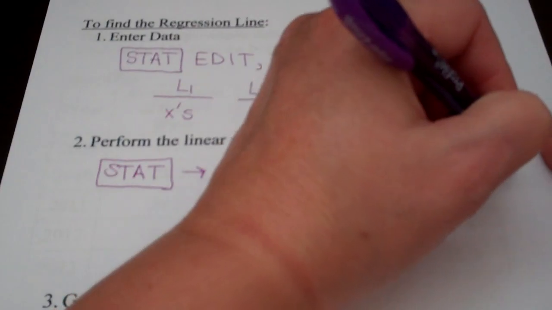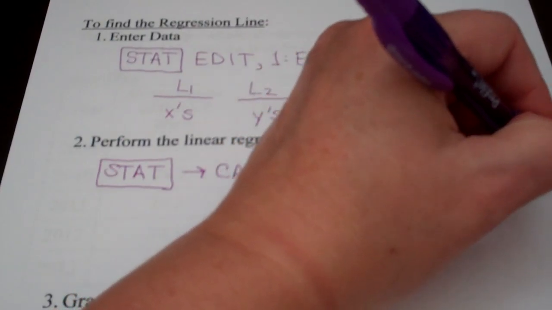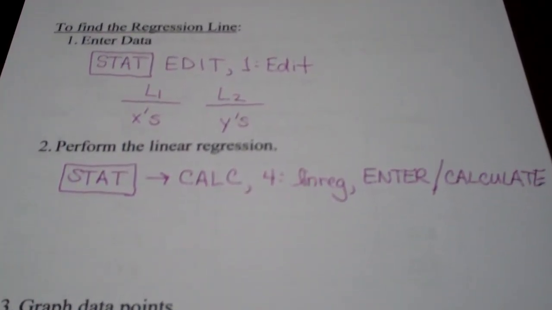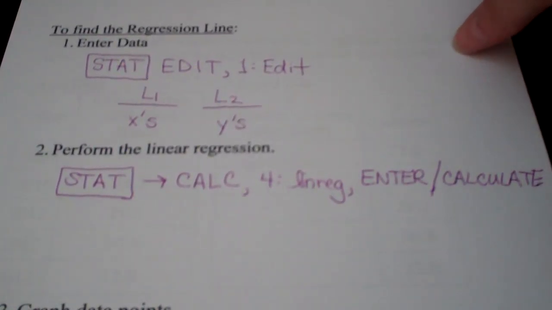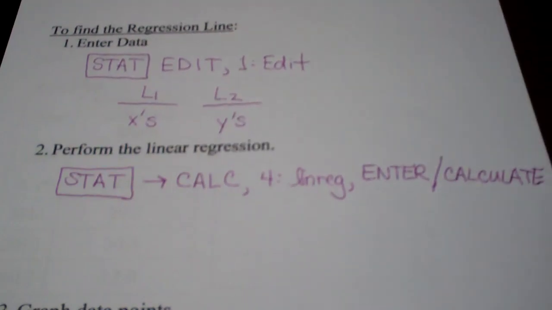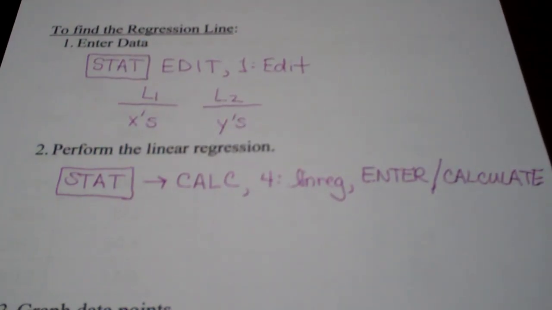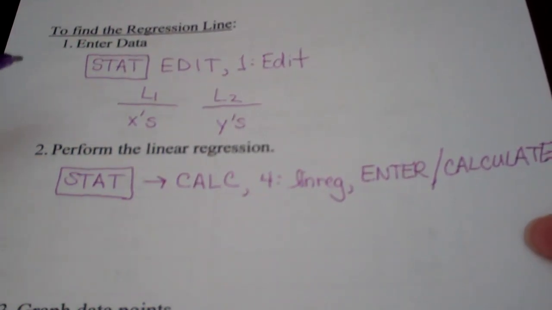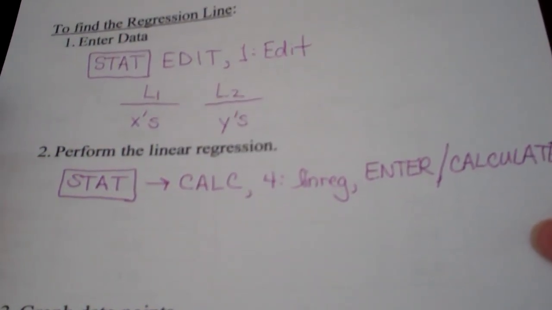So I'm going to write both of those here because it'll depend on the age of your calculator. There are more steps that I'm going to add to this list just so that you can see the graph, because it is a graphing calculator. That's kind of the benefit. But for right now, let me give you an example so we can practice these two steps.